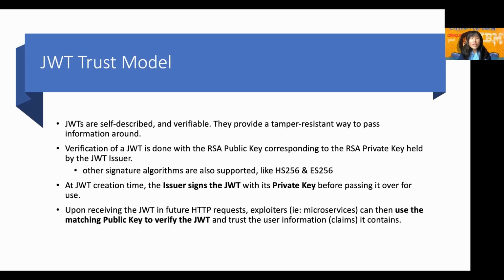When the receiver, the destination, receives the JWT, it will be able to use a matching public key to verify the JWT and tell whether this JWT has been tampered with or not.